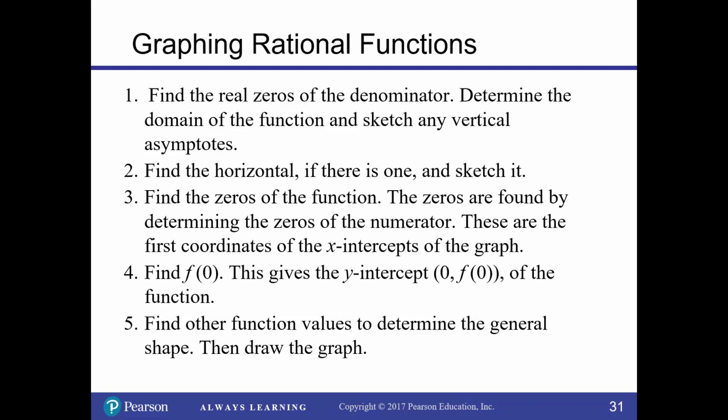We're finding our vertical asymptotes, then our horizontal asymptotes. Then we're going to find the zeros of the function, what will be your x-intercepts. Then we're going to find your y-intercepts. And then we'll find a couple other values to help flesh out the graphs, so we can see what it actually looks like.